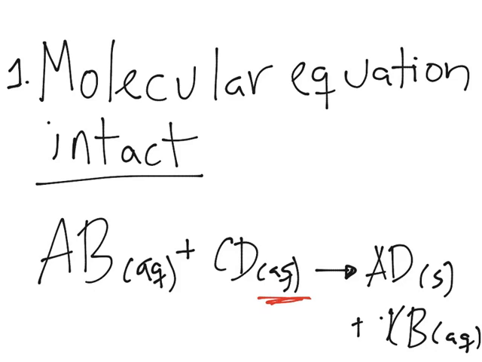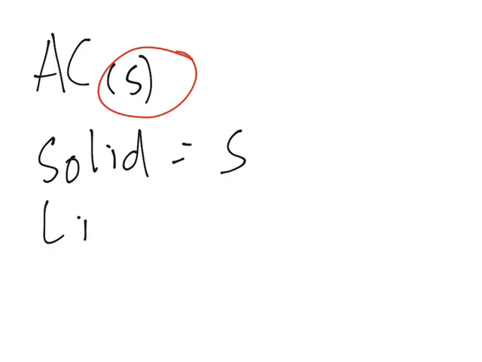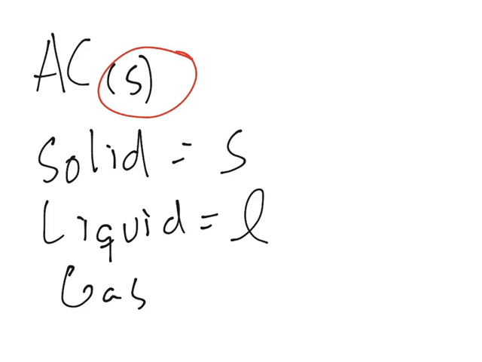One thing I forgot to mention before was that you can write the state of matter under the compound, like what I wrote before, solid. Solid, as you may know, is written by an S. Liquid is written by an L. Gas is written by a G, usually a small g.